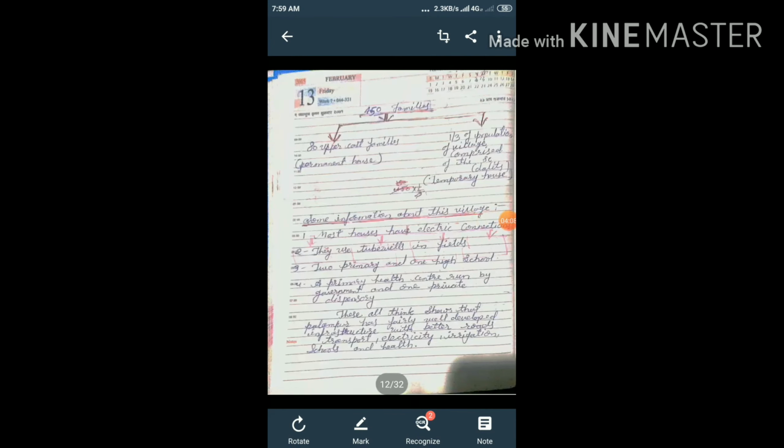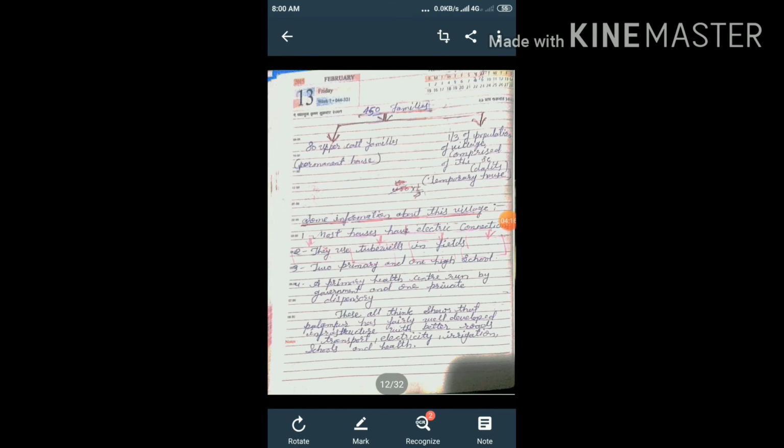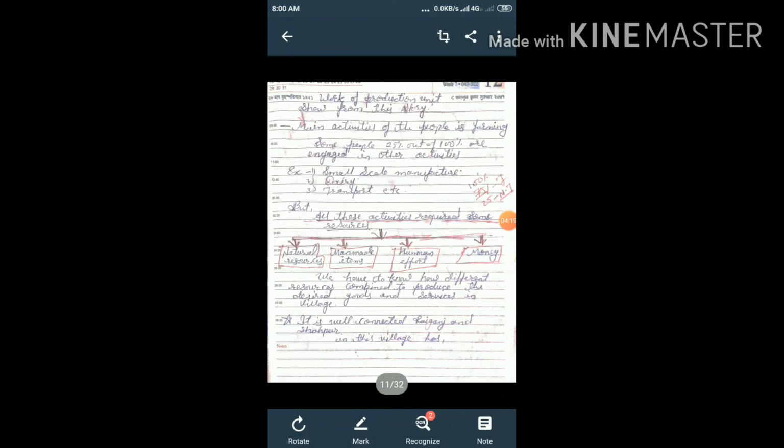And after that I want to show you dairy. This one is a non-farming activity which is done in this village. So finally what I want to say to you is that in this village, out of 100%, 75% of people depend on farming activity, and the remaining people depend on non-farming activity.